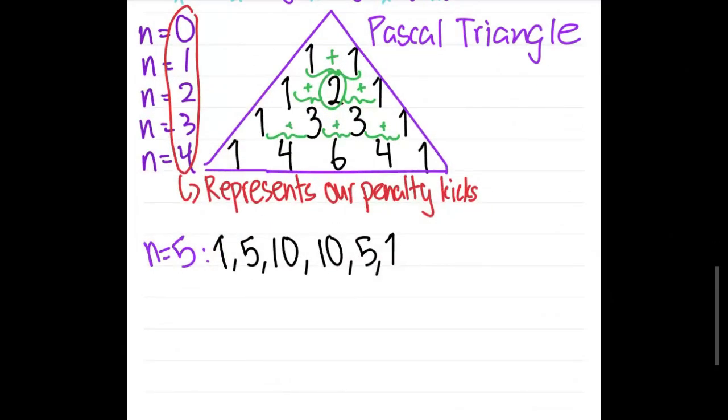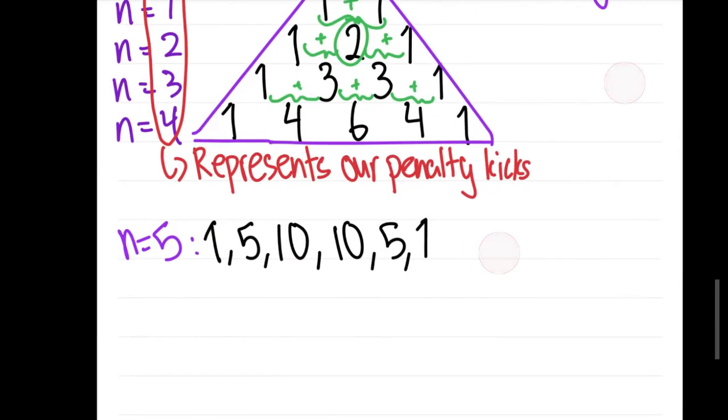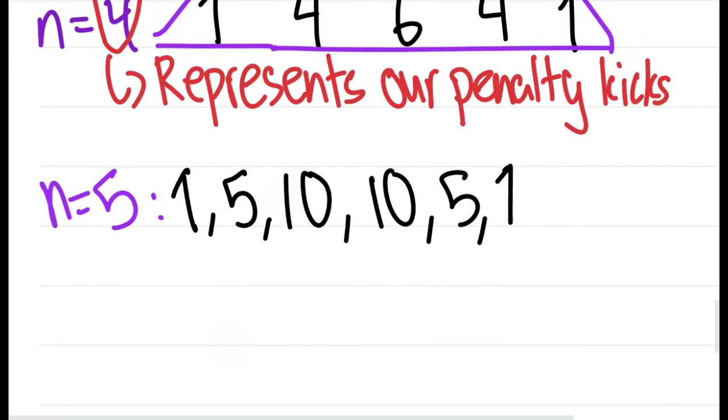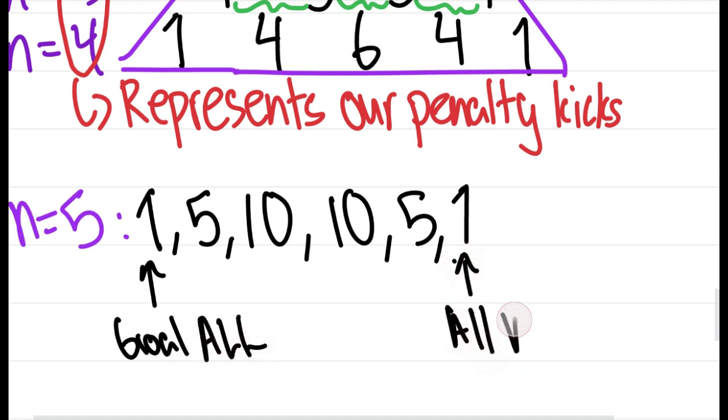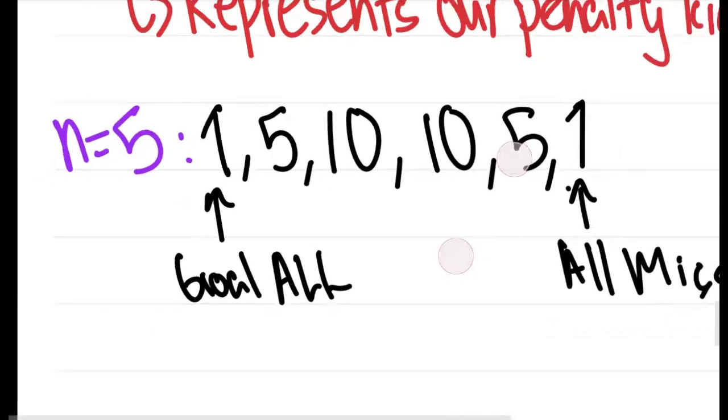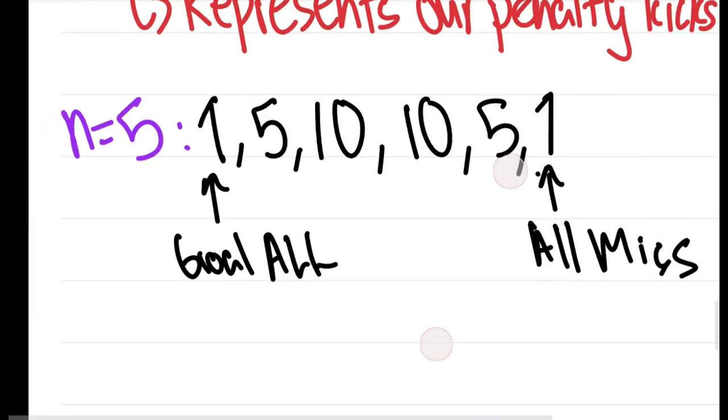And basically, do you guys understand the Pascal triangle now? Yes. And if this is the amount of goals for all goals, and this is for all misses, replace the goal with x and replace the miss with y.